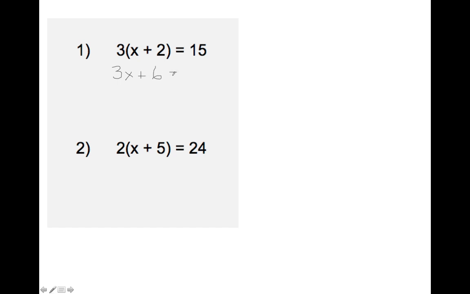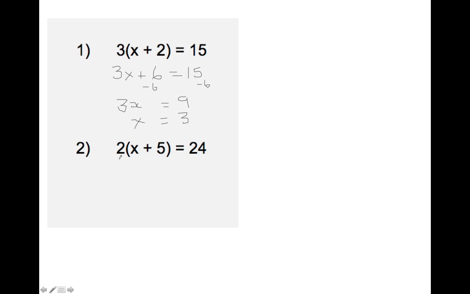So 3x plus 6 equals 15. Let's take away 6 from both sides. 3x is left on this side, 9 is left on this side. Do the opposite of times by 3, so we need to divide by 3, which will give me x, and 9 divided by 3 is 3.